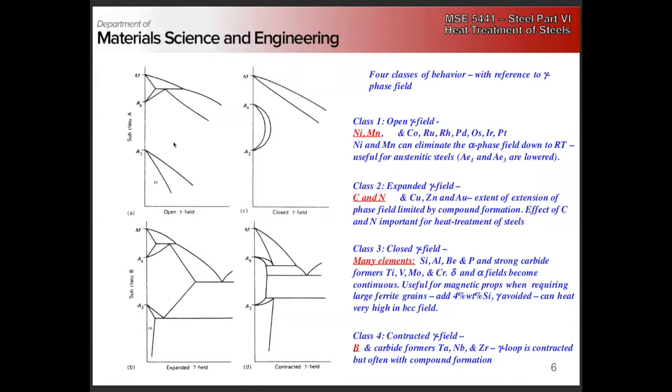So class 1 sets of elements, nickel and manganese, are the prime ones, but, right, a bunch of other ones, cobalt, but, you know, ruthenium, palladium, osmium, iridium, and platinum are not typically in commercially available alloys, so we don't need to worry so much about them, right? But they create what's called an open austenite field, right?